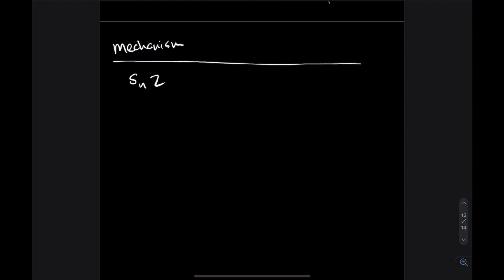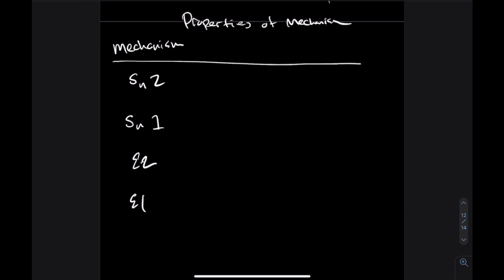We've discussed Sn2, we discussed Sn1, and we're going to call these properties of mechanisms. We've got E2, we've got E1, right? And what were some of the properties that we discussed? So we discussed stereochemical consequences, stereochem. We discussed rate law, all right, and we discussed rearrangements.